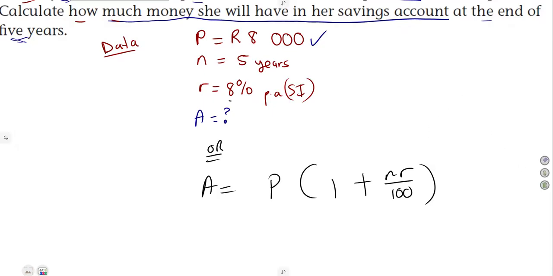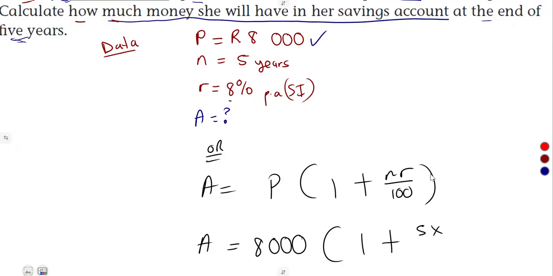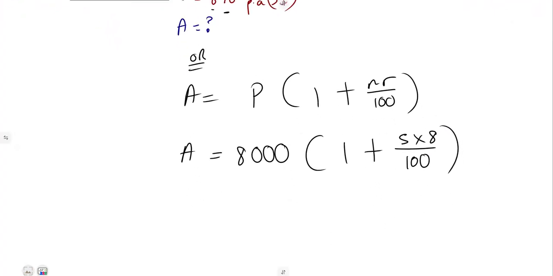Let us substitute what we are given. The principal, 8,000, into 1 plus N, the number of years, that is 5, times our R as a percentage, that's 8 over 100. So this is the accumulated amount, the one that she's going to have after 5 years combined together.